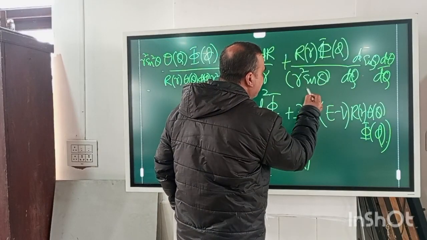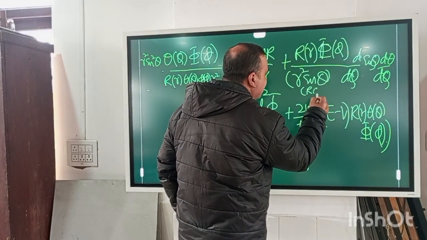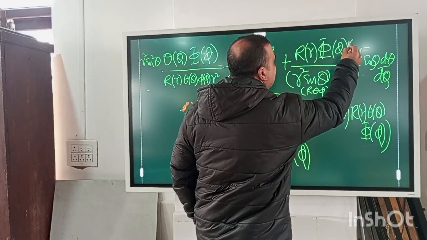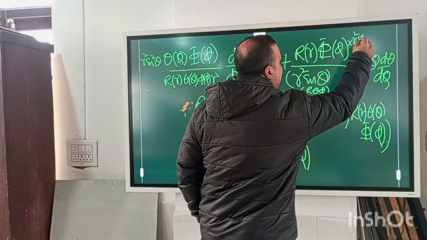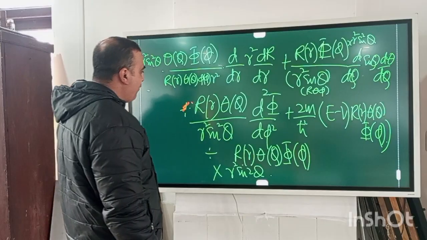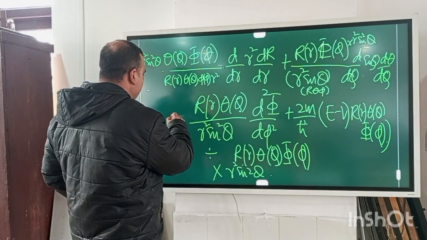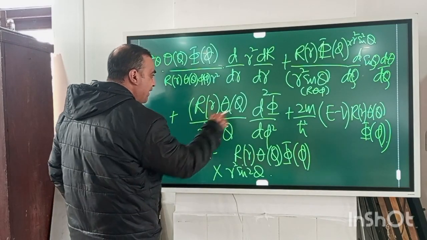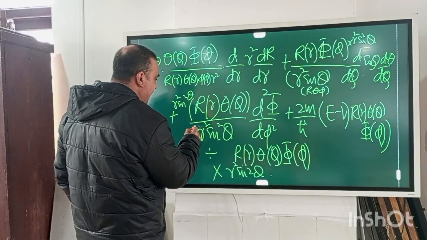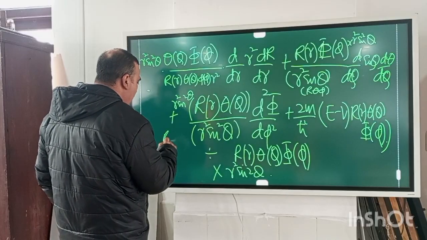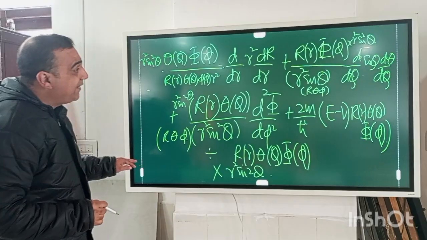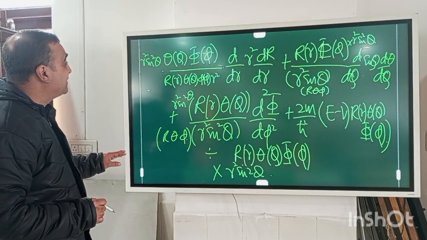So this will be multiplied by r squared sine squared theta. So the second term is done. Here I will write plus, and you are multiplying by r squared sine squared theta, and in the denominator you will have R, Θ, and Φ. I'm trying to write it in short form so that I can accommodate all of these symbols.